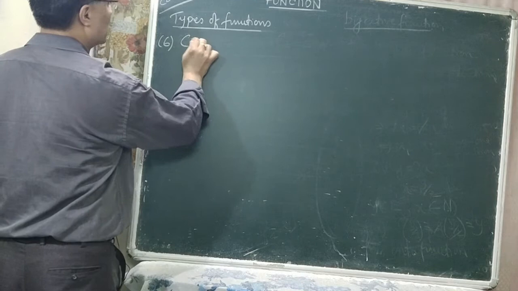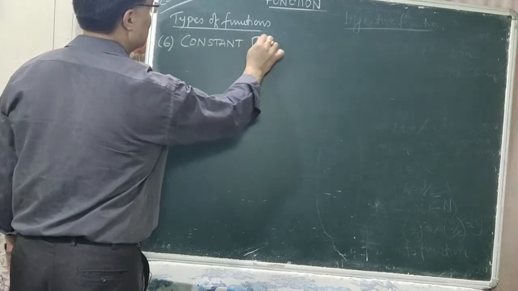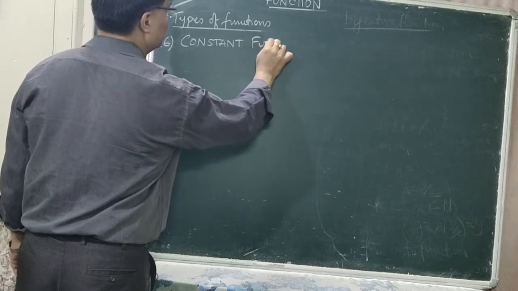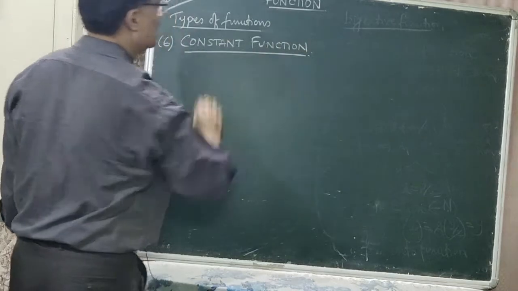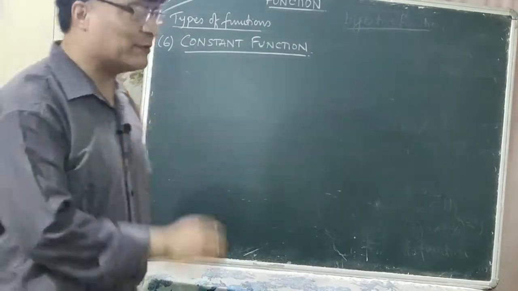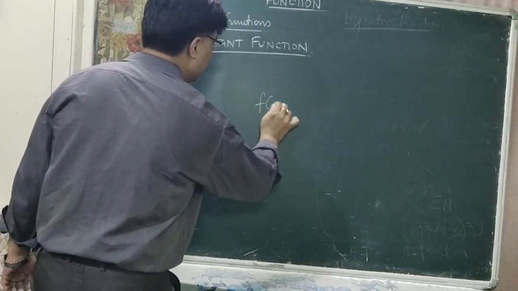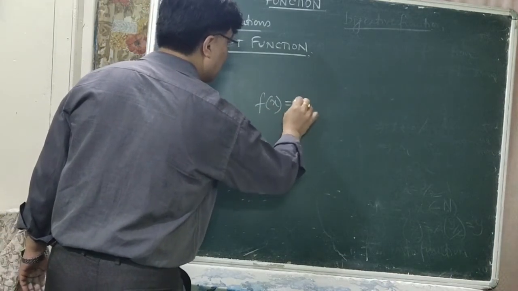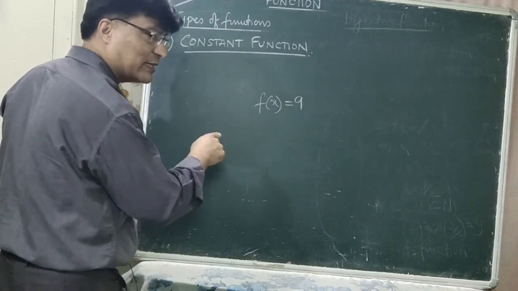Number 6 is your constant function. So what type of function is known as a constant function? Let us take an example. Suppose f of x is equal to 9.